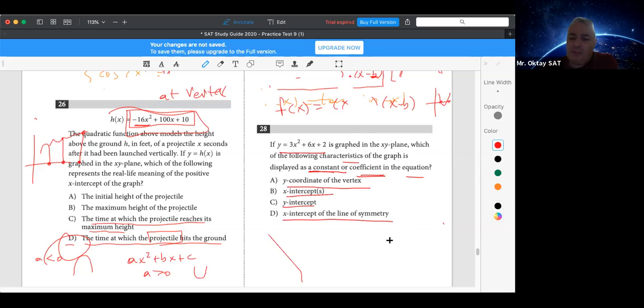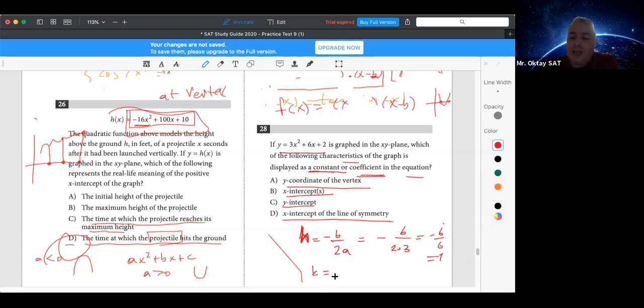Now, when we talk about 3x squared plus 6x plus 2, first of all, where is the vertex? h is minus b over 2a, which is minus 6 over 2 times 3, which is negative 6 over 6, which is negative 1.